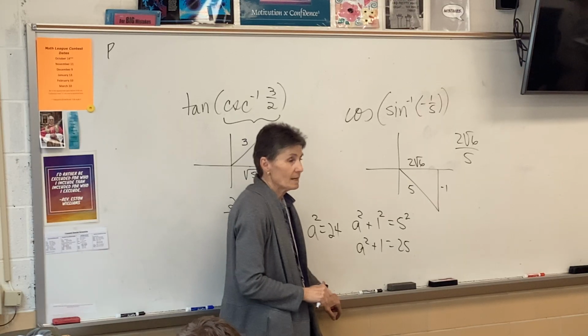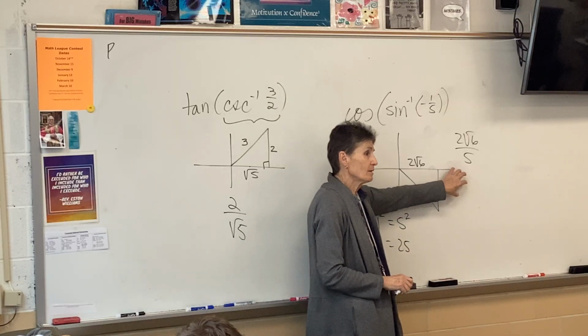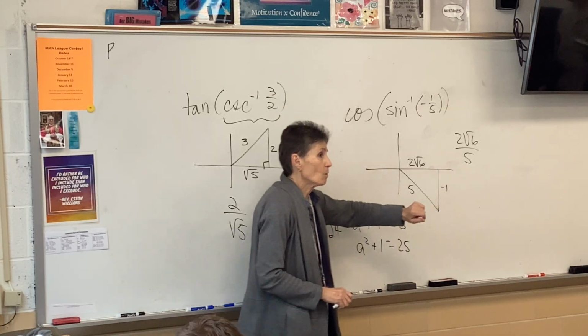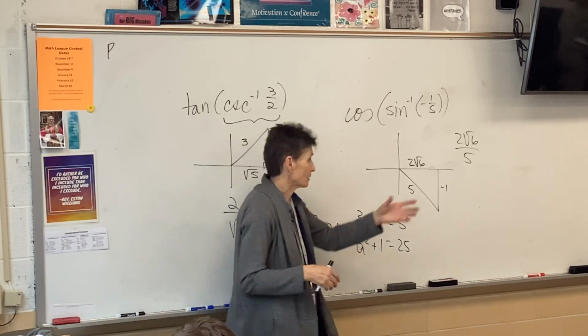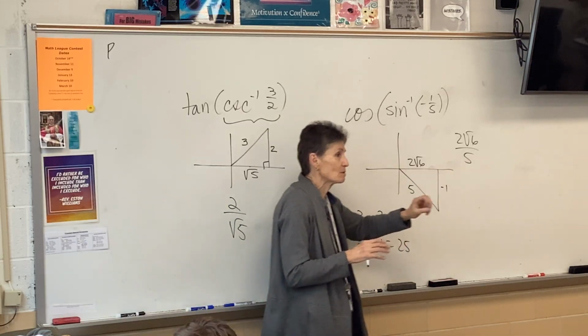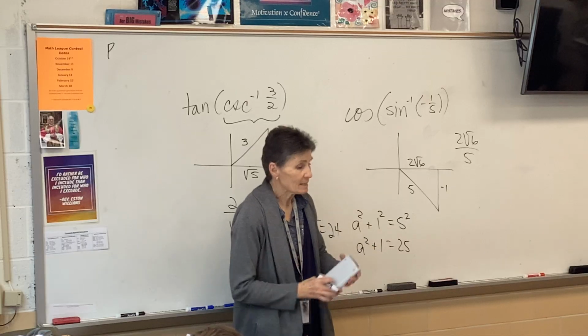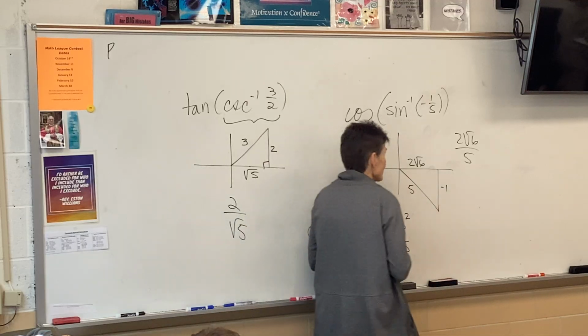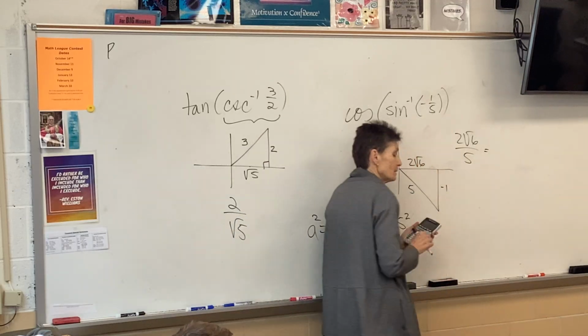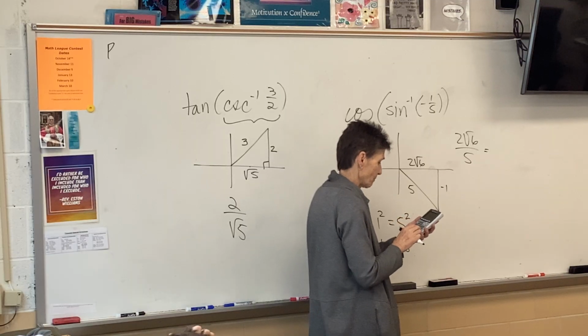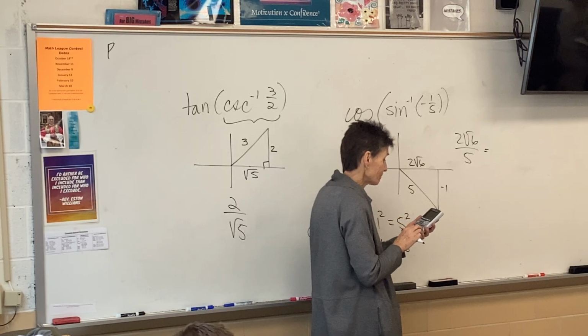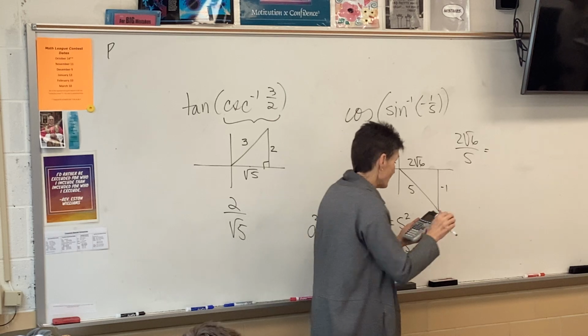Okay? Now, I'm going to check that one on my calculator. So I know that when I do it on my calculator, I'm going to get a decimal. It's not going to look like this. It's going to come out as a decimal. So I want to see what is the decimal form of this number. So 2 square root 6 divided by 5.